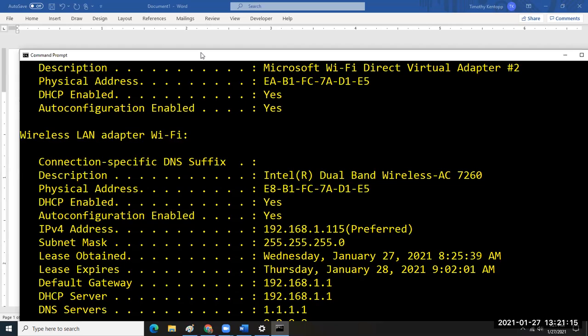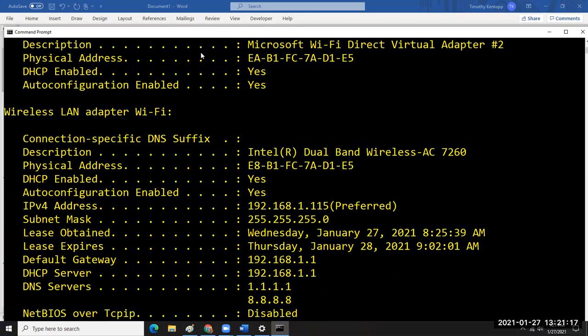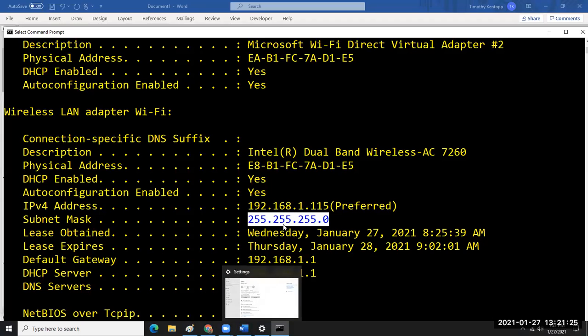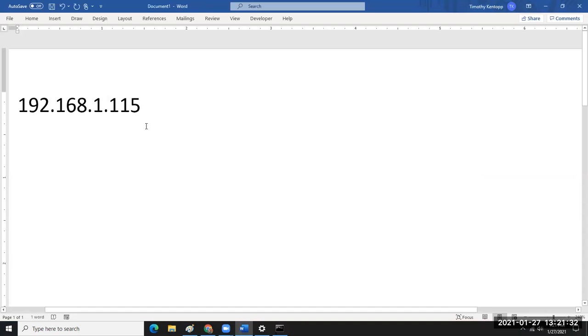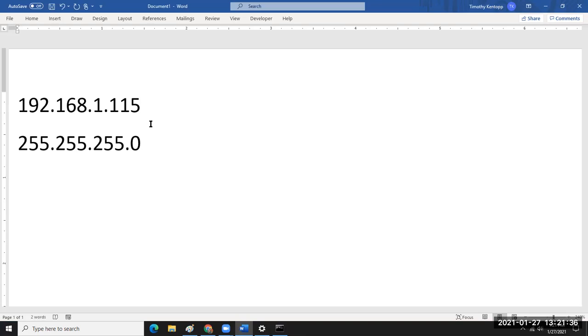Much nicer, isn't it? And here's your subnet mask. As soon as I use my right mouse button, the highlight disappears, but I go over onto my Word document, hit Enter, and I can paste it, and there we go.